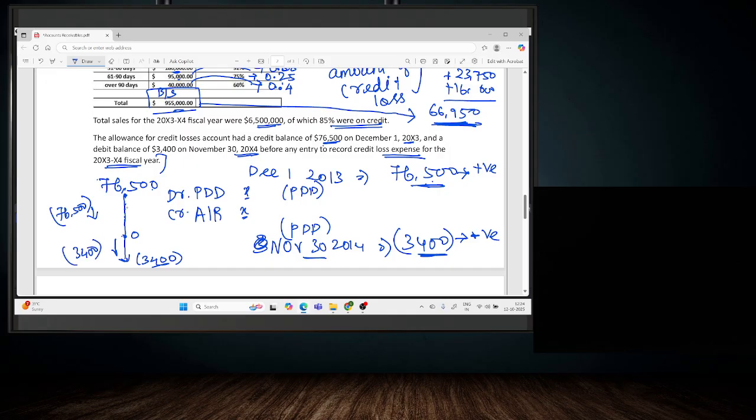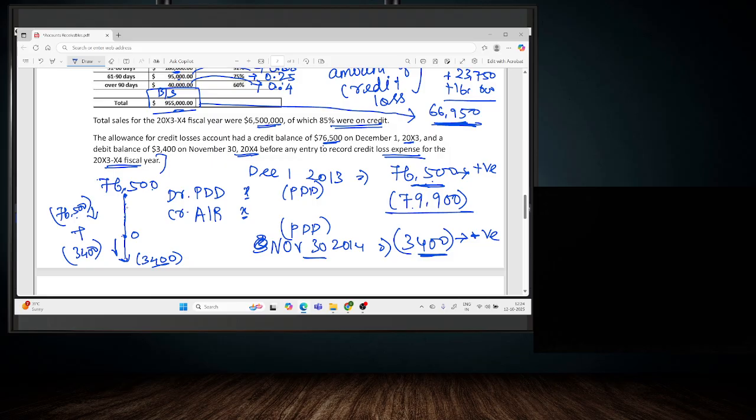So totally by how many rupees did the provision for doubtful debt account reduce? It reduced by 76,500 plus 3,400. So what is the total decrease in the value of provision for doubtful debt? 76,500 plus 3,400, we get 79,900, which means from 76,500 it reduced by 79,900 rupees so that it became negative 3,400. Now what is this 79,900?